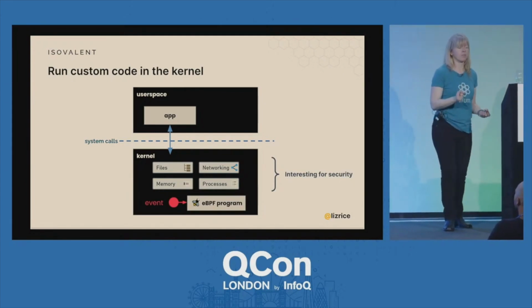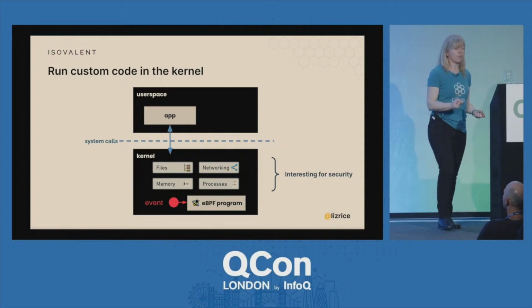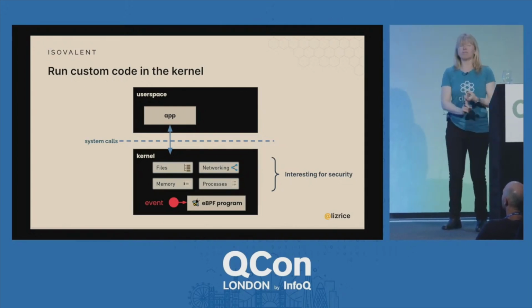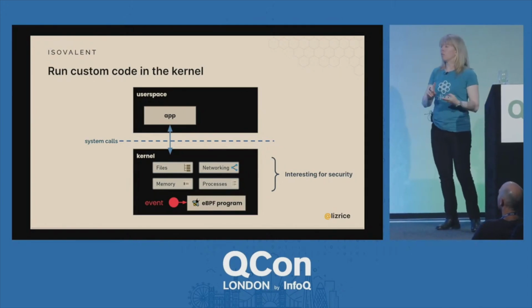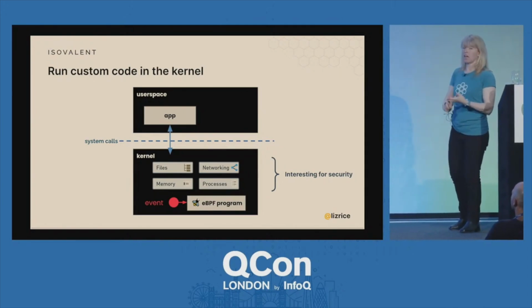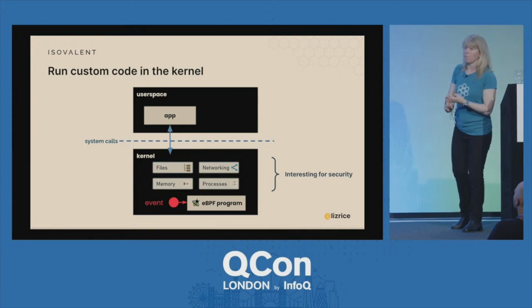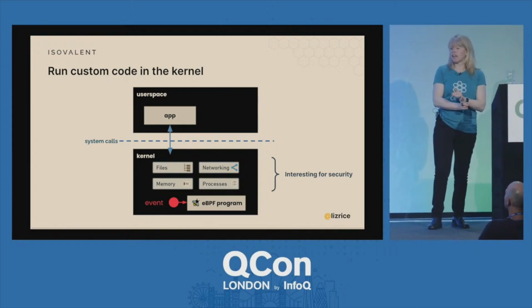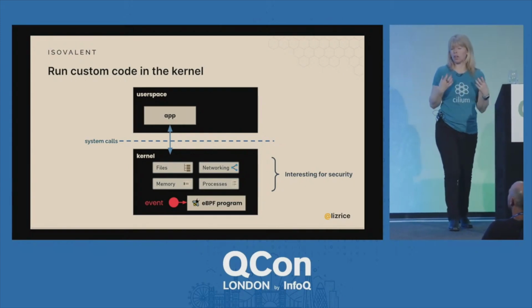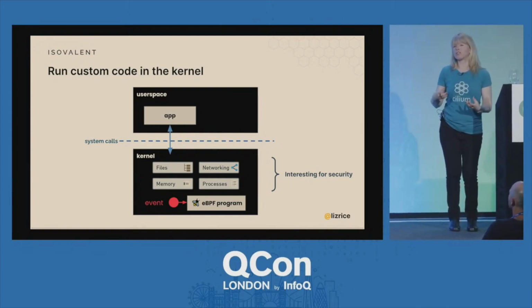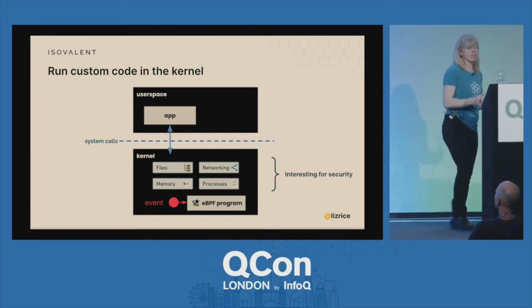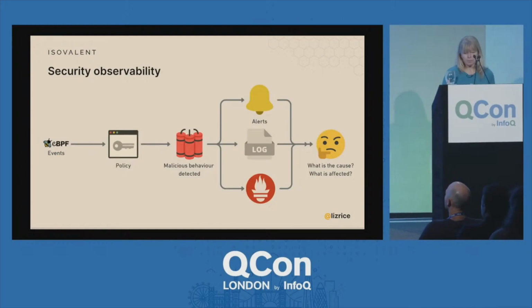If we want to spot malicious activity, it probably involves malicious access to a file, malicious network activity, some kind of memory overwrites, or privilege escalation. All of those things involve the kernel. So if we spot those things using eBPF, that's a really great basis for runtime security tooling.